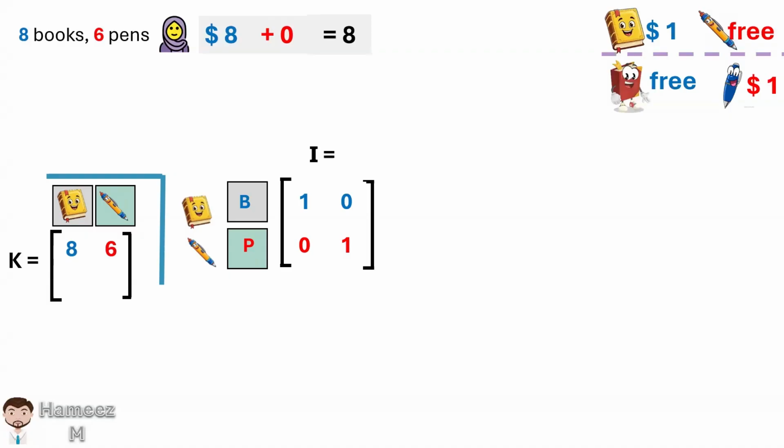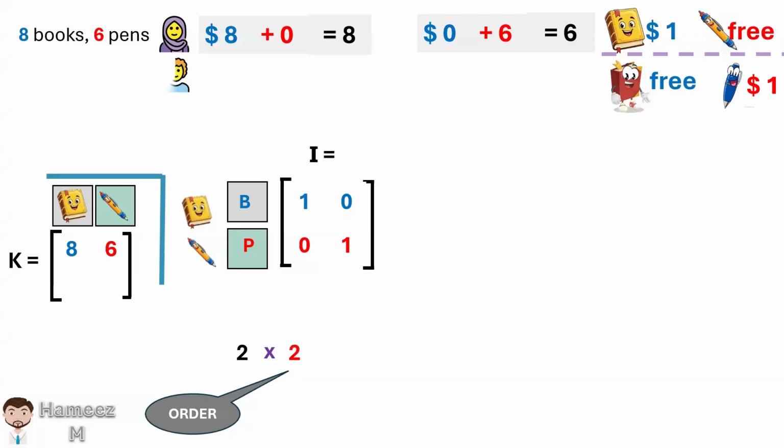And that means Sarah, if she went to the second bookstore, the 8 books would be a total cost of 0. And the pens, which are 6 pens at $1 each, is $6. So she would spend a total of $6. Now, remember the order for these costs or the identity is 2 rows by 2 columns.